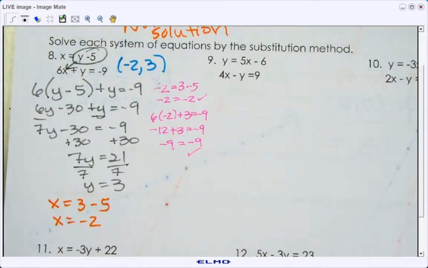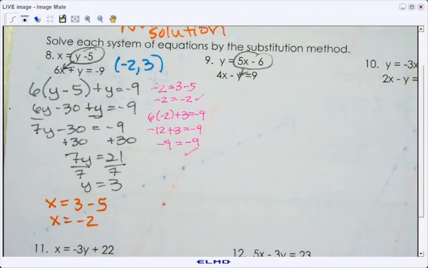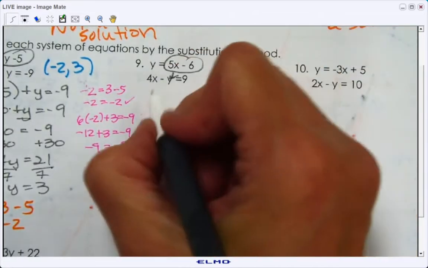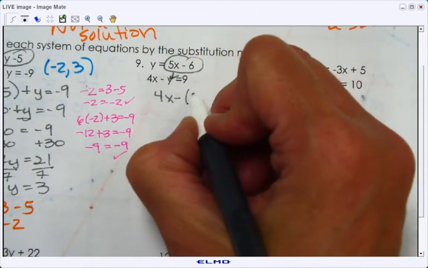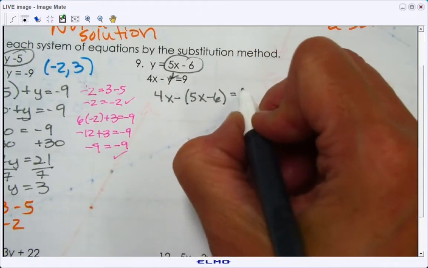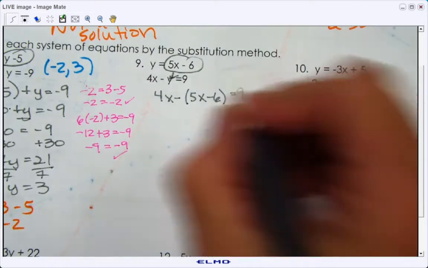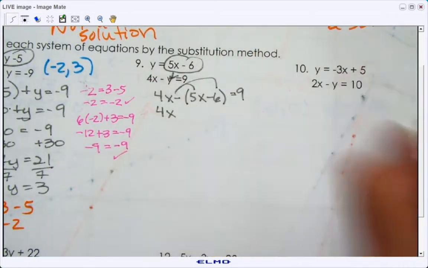Okay, so number 9. This says y equals. So I'm going to take this and plug it in for this y right here. So I take 4x minus, and then I replace the y. I need to make sure that I distribute that negative.